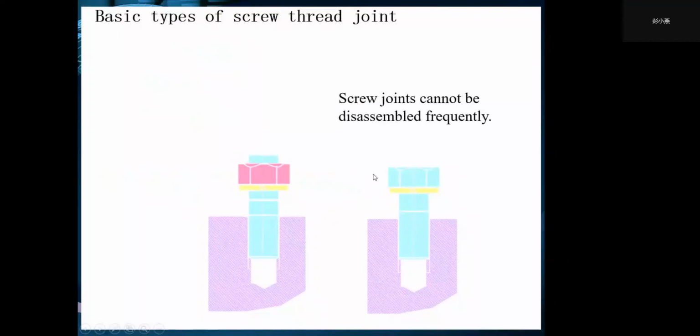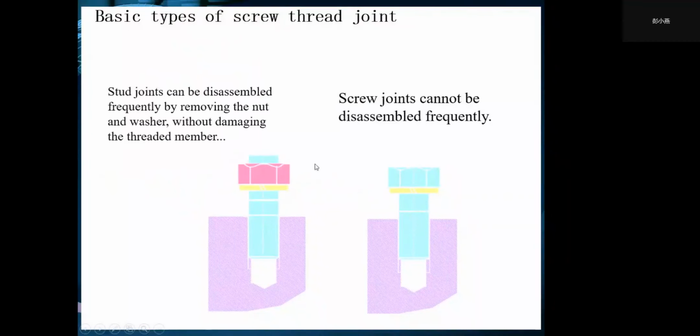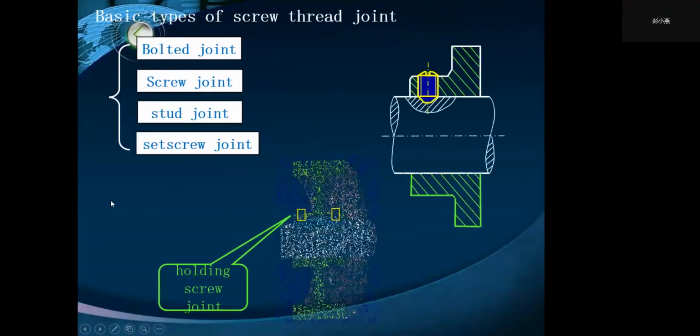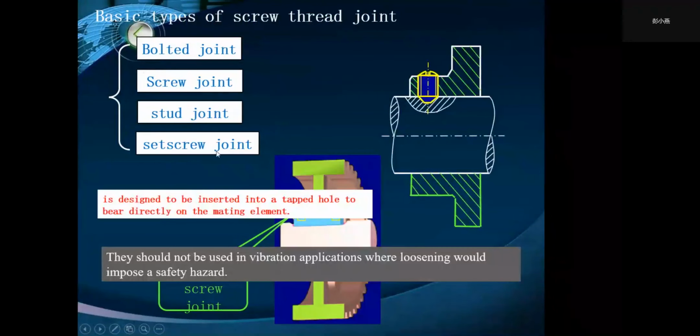And this is the screw joint, and this is the stud joint. And for the set screw joint, it uses a set screw.